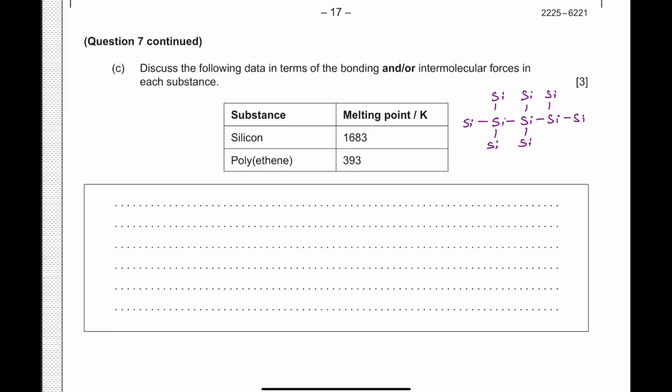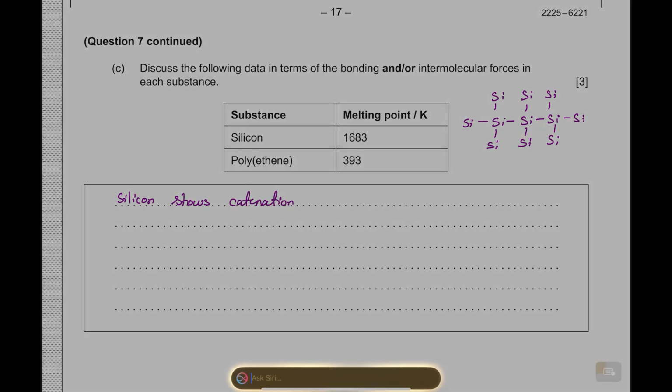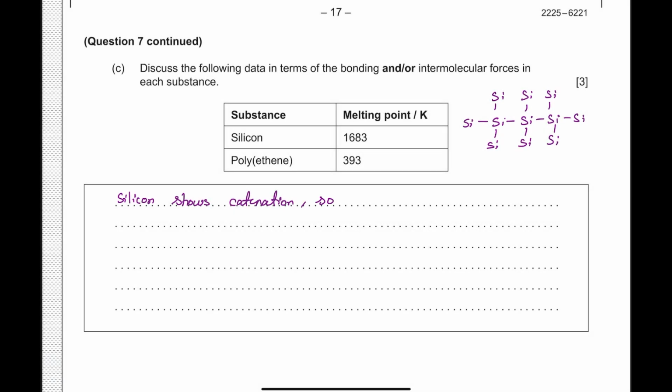So silicon shows catenation. Silicon atoms are bonded together by single covalent bonds. But polyethene is a non-polar molecule.